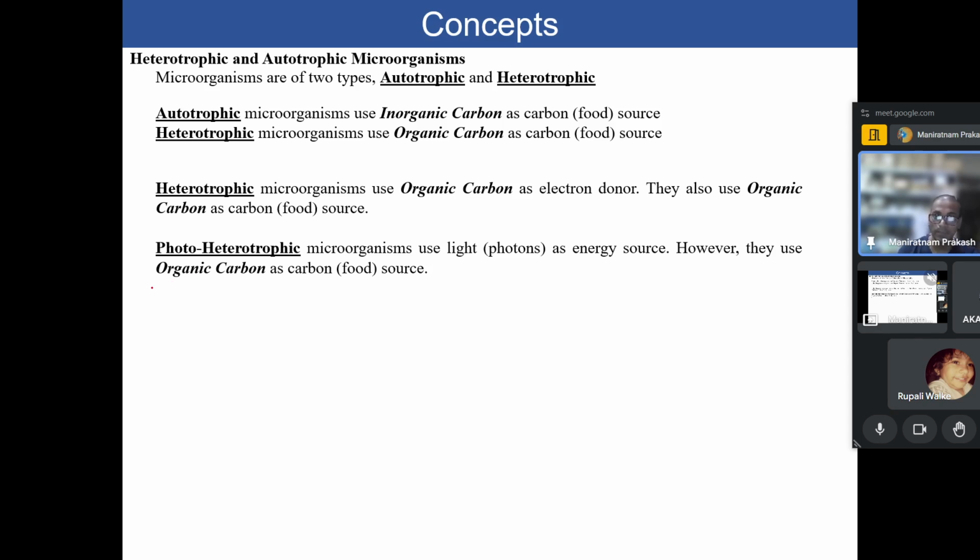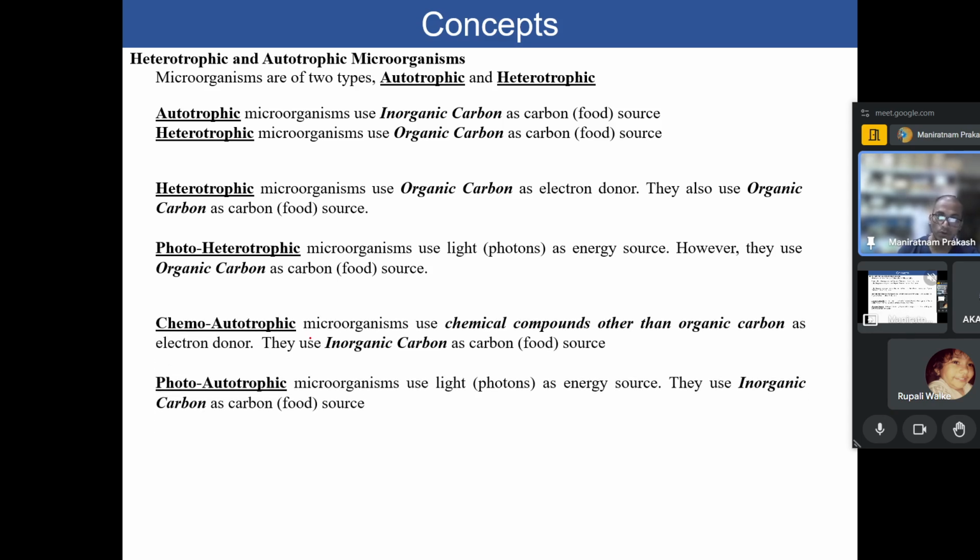Okay. Then we have photoheterotrophic, those which use light as an energy source. The source of energy is light, but the food source is organic; they are using photons for decomposition and all this. Then we have chemoautotrophic organisms, which use chemicals.